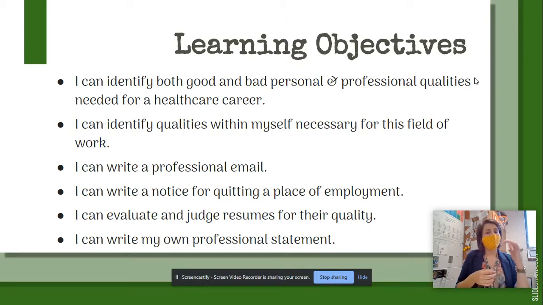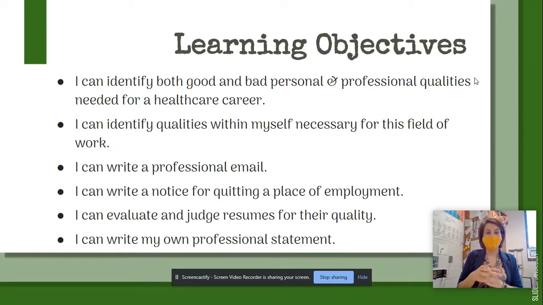Now, granted, a lot of them kind of overlap depending on what profession you're going into, but for the most part, there are some that are specific for just healthcare. Okay, so you're going to be able to identify good and bad qualities.